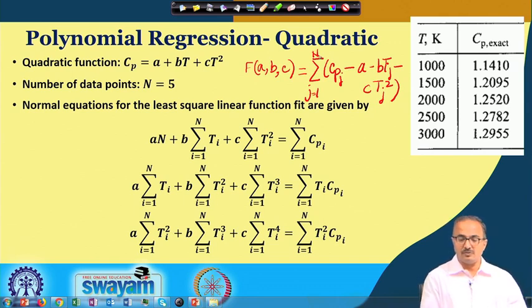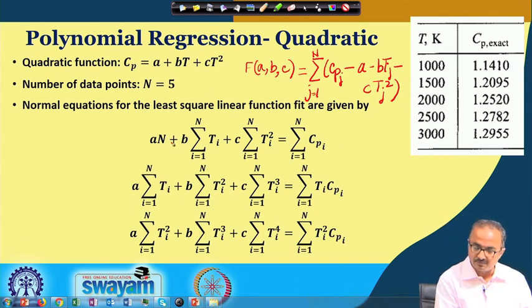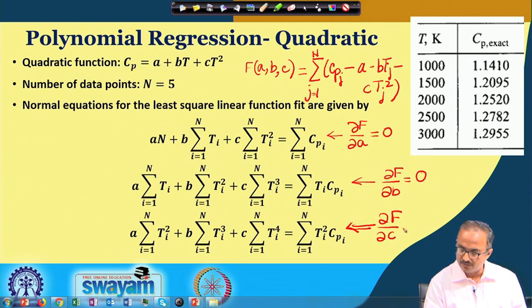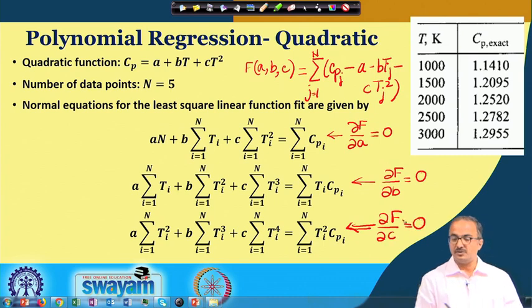Now what you do, you simply find, how has this expression been obtained? This is dou f by dou A equal to 0. Then this expression has been obtained from dou f by dou B equal to 0, and this expression from dou f by dou C equal to 0.